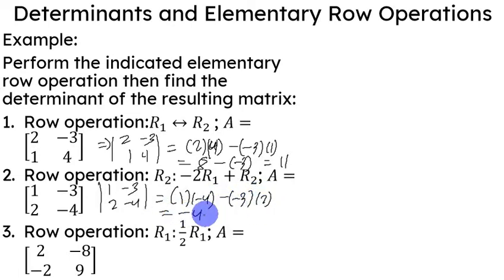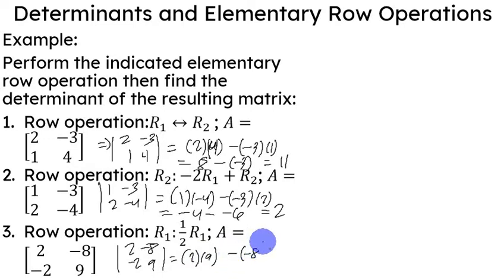That would be negative 4 minus negative 6, which would be positive 2. So there you go. And for the other one here, this determinant would be 2 times 9 minus negative 8 times negative 2, and that would be 18 minus 16, which is 2 as well.